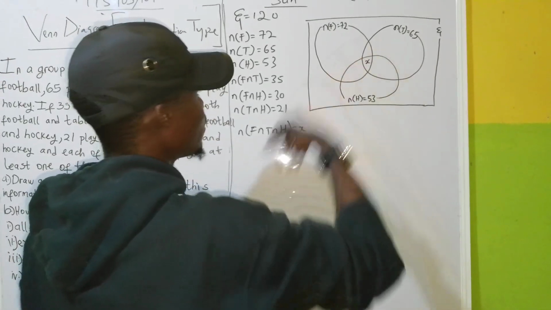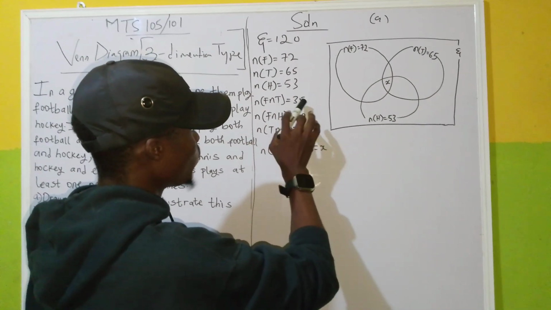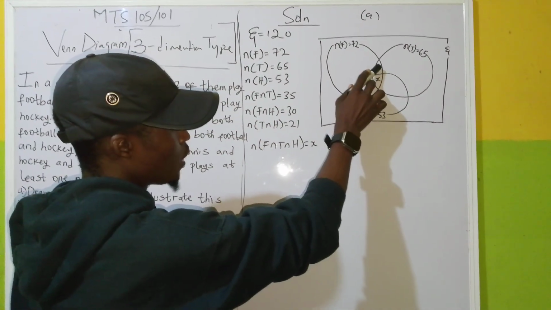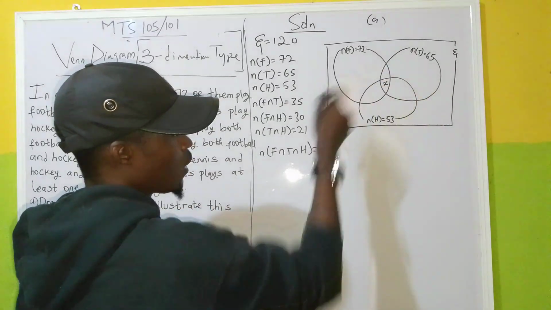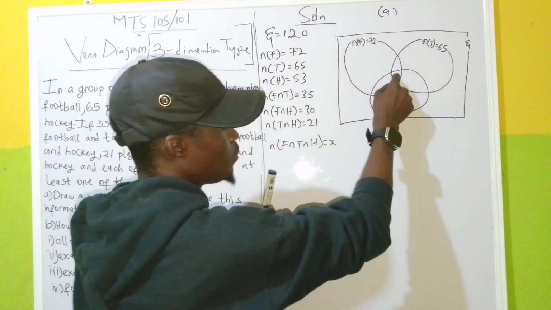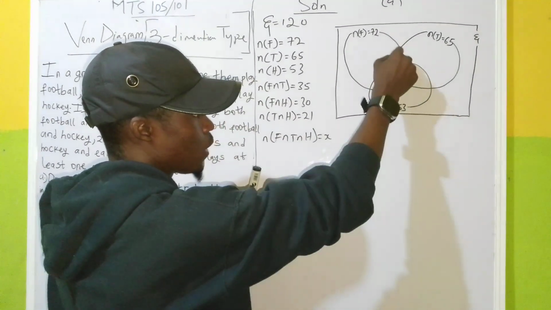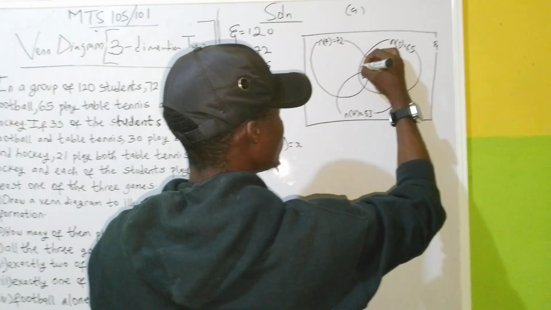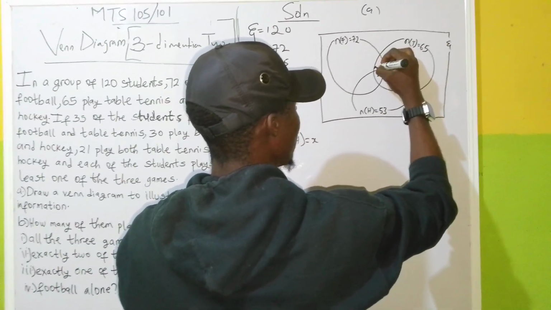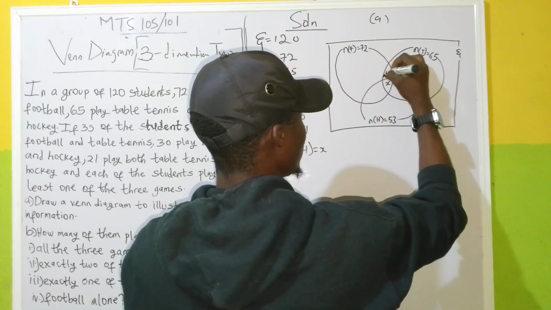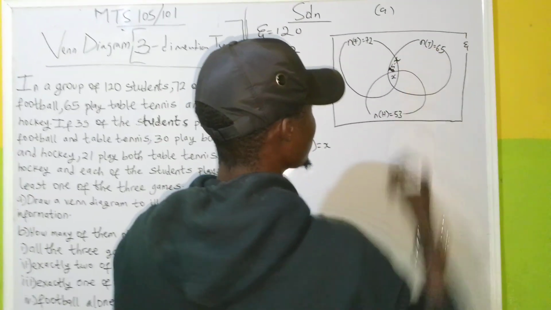So football and table tennis, they gave us 35. We are not going to write just 35 here because we are expressing it in a Venn diagram. We have to subtract where all of them are joined from 35. So this case is going to be 35 minus x.